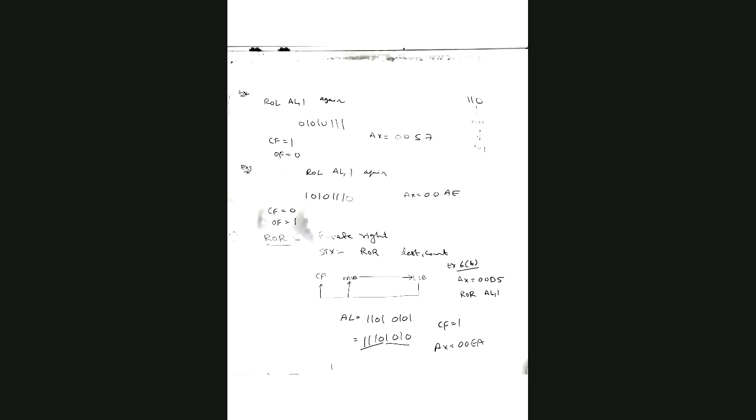Now I'm taking an example: rotate AL comma 1 again. Now suppose, what is AL? AL is equal to AB.